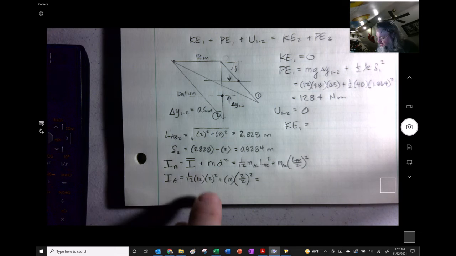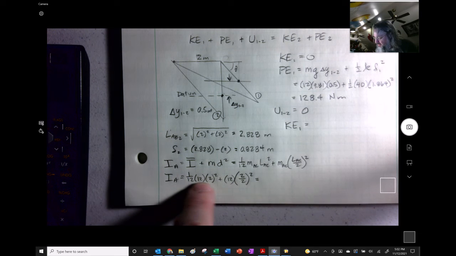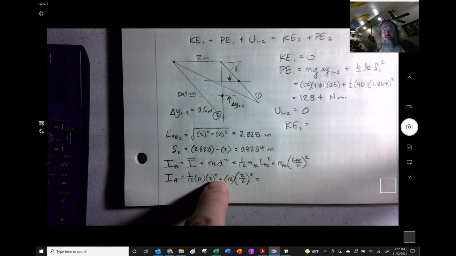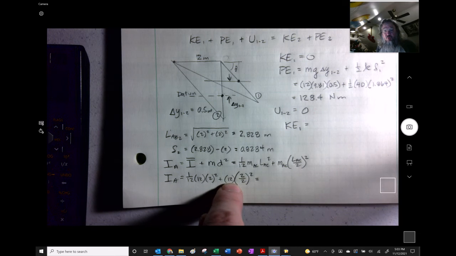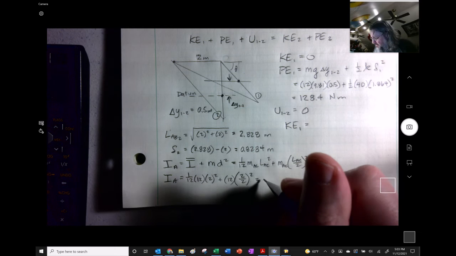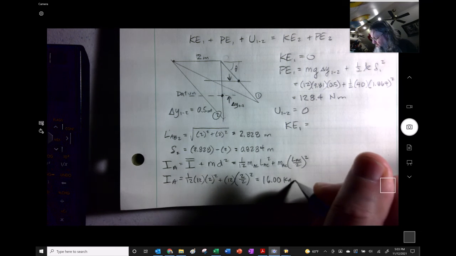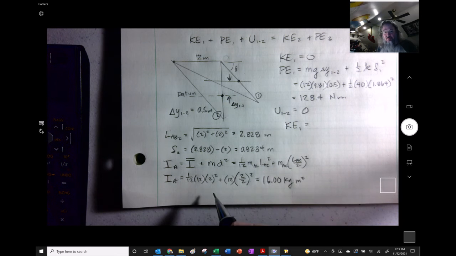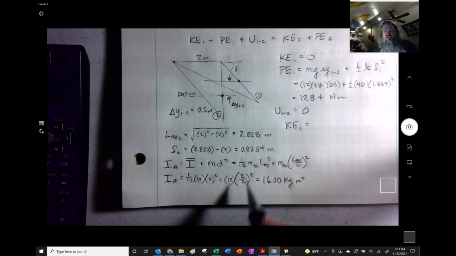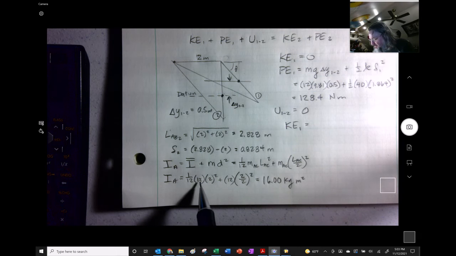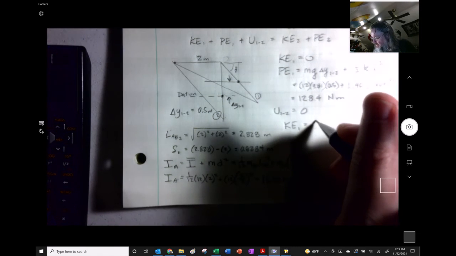First off, we could do that math ourselves. That's just going to be 4 plus 12, 16 kilogram meter squared. And that was easy. You should use that on a test to make it fast. You can go 12 divided by 12, and okay, cool. So that's going to make it easier here.